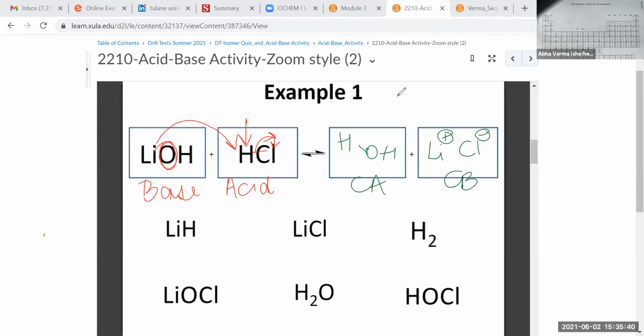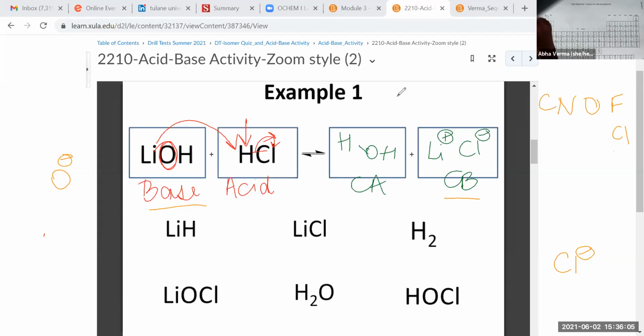Now looking at the base stability, which base will be more stable? The O negative or the Cl negative? Remembering our periodic table, C, N, O, F, chlorine.